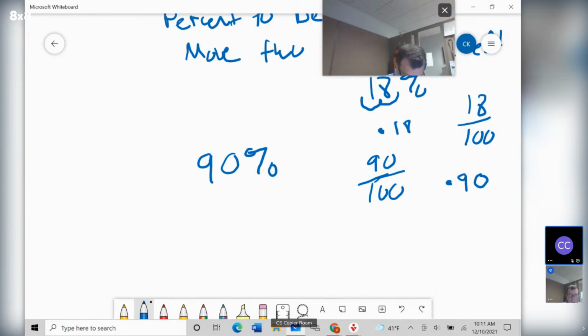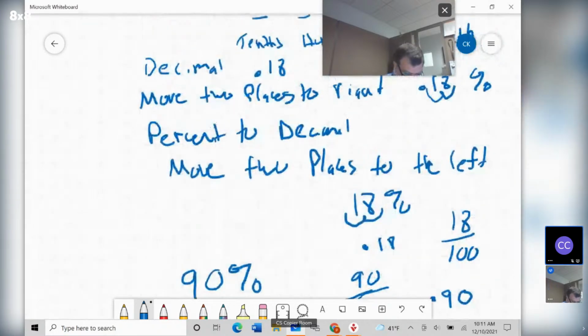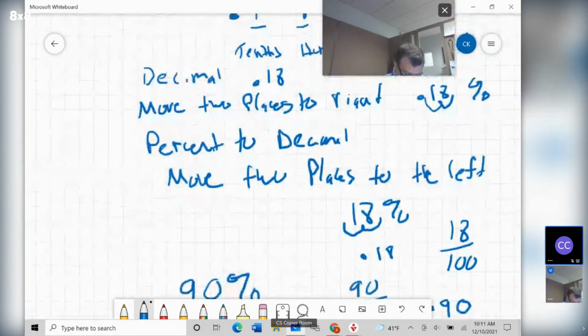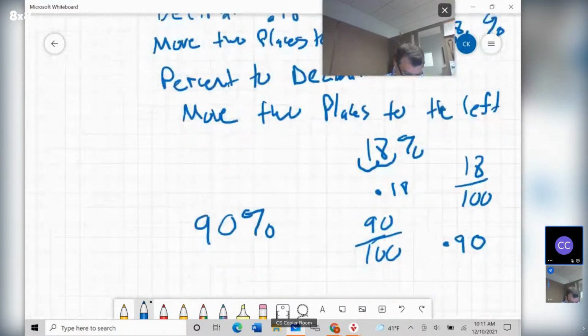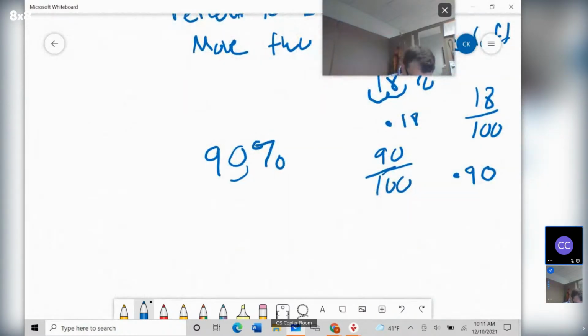So it'll be 0.9. Or what I told you up here is we can move the percent to decimal, move 2 places to the left. So if I move this 2 places to the left, that would give me 0.90. Okay, and that's really over 100. Okay, but we just write it as 0.90.